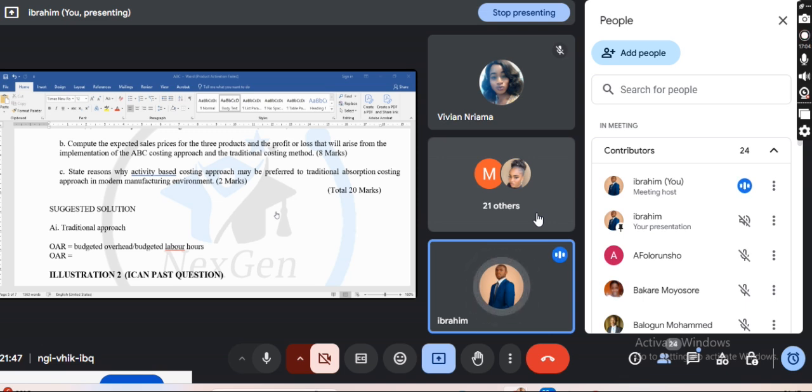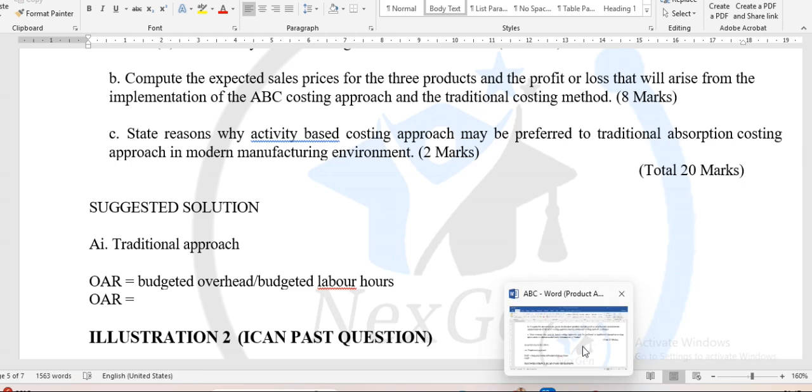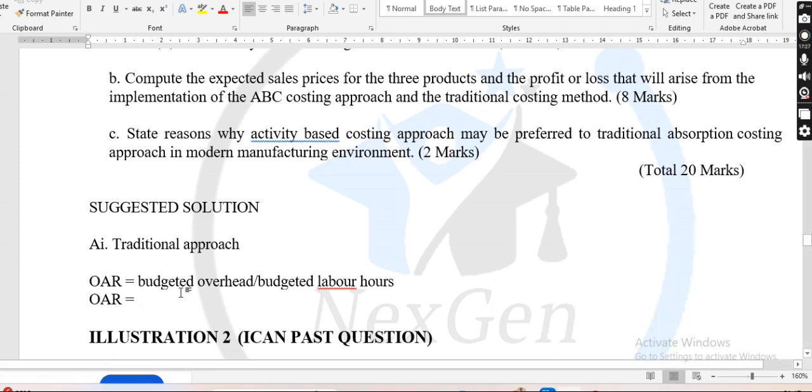I will advise you immediately after this class to watch the video on absorption costing so that you will know there are different bases of absorption. It could be labor hours, machine hours, or percentage of prime cost or direct material. Vivian, are we still together? Yes, sir. Thank you, sir.